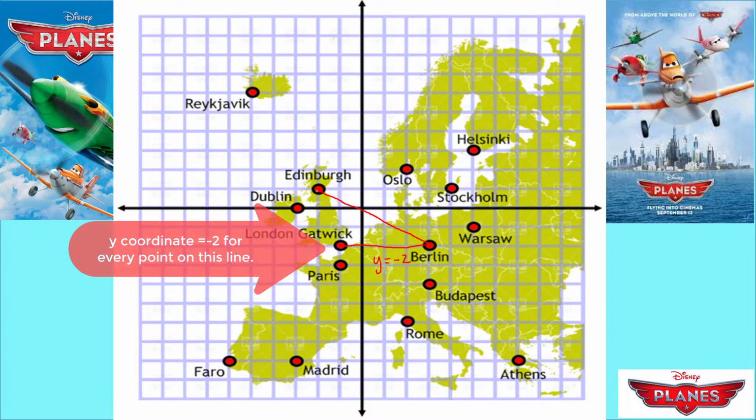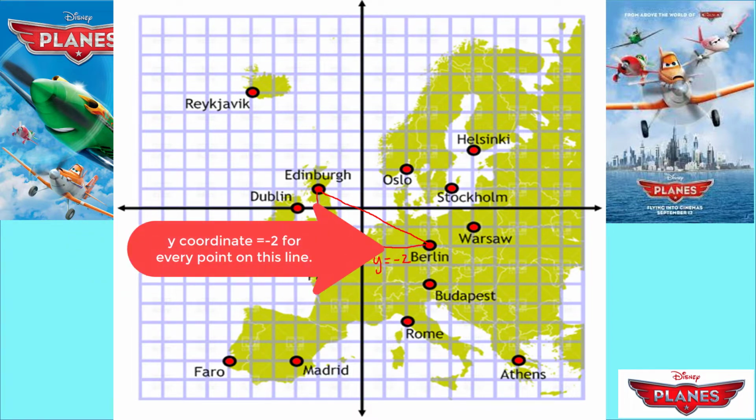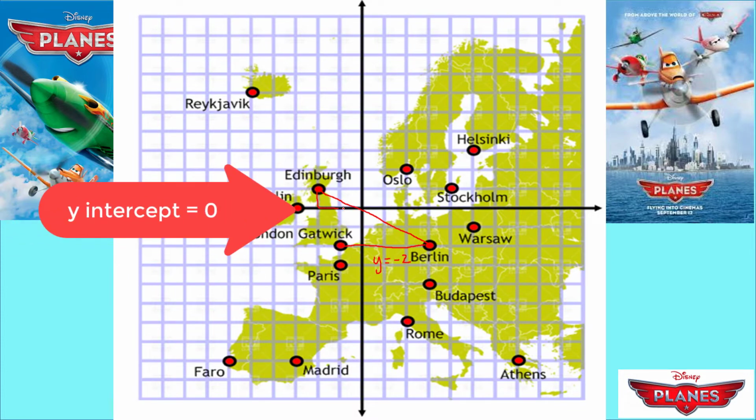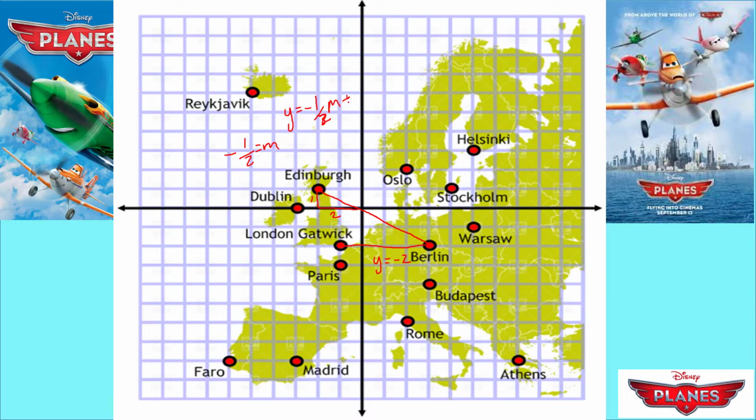Now if I'm going from Berlin to Edinburgh, let's find the gradient. Can you see that's 1 up and 2 across? So that gradient 1/2 equals m. But remember it's going downhill, so it's minus. So we write y equals -1/2 x plus c.